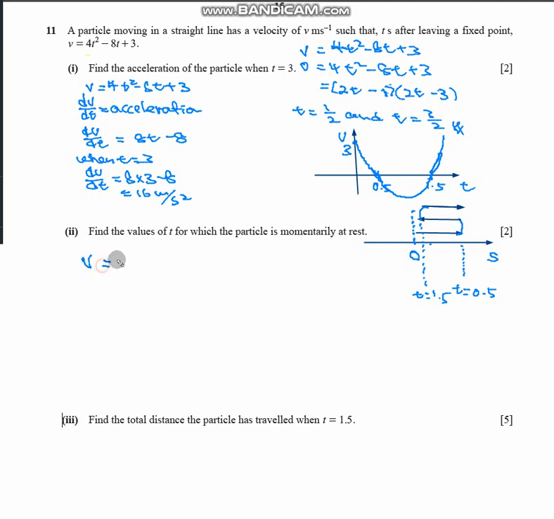v equal to 4t square minus 8t plus 3. v is actually ds/dt equal to 4t square minus 8t plus 3. Now let's integrate with respect to dt. Okay, so cancel this, s.